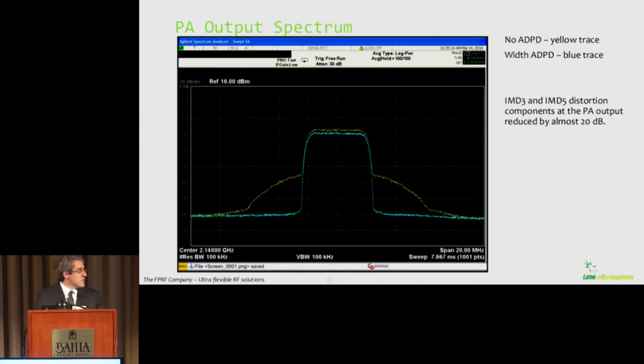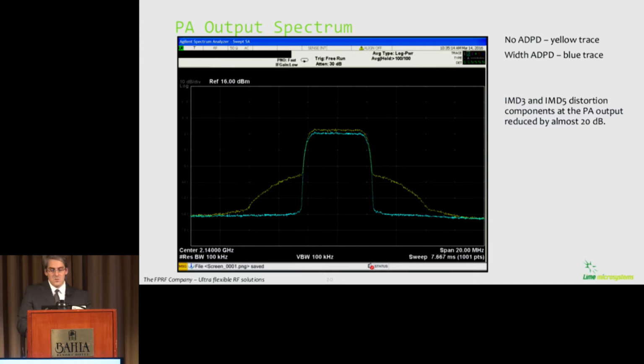So these results are obtained by spectrum analyzer. The yellow trace represents the spectrum of the signal at PA output without ADPD, and the blue trace is with ADPD.